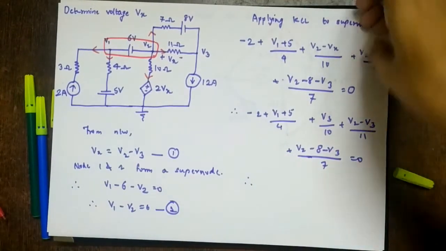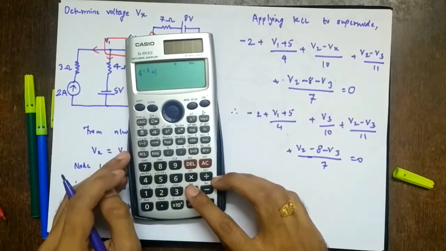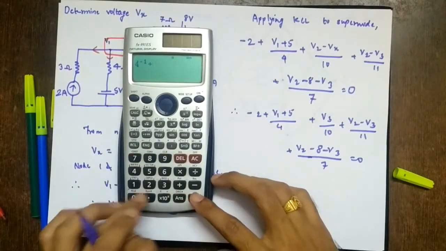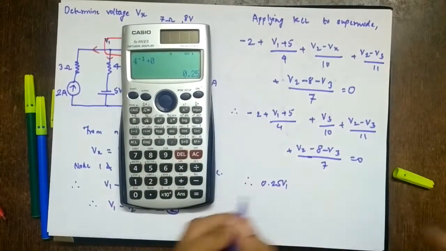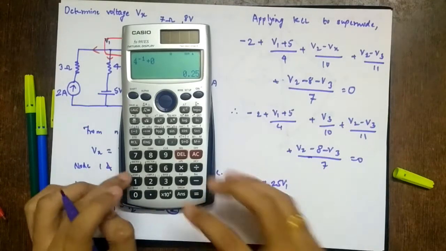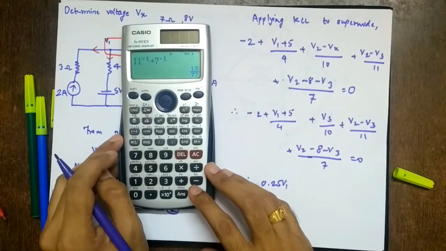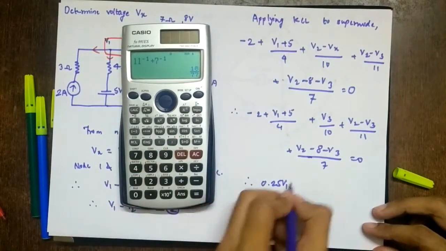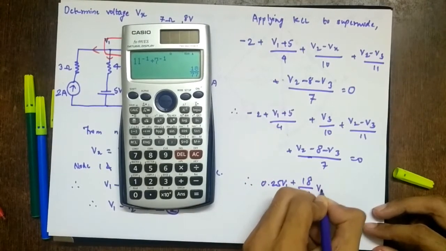So just substitute this. First collect the terms in V1. So what is it? 4 inverse, that's it, so it is 0.25 V1. Then V2: 11 inverse plus 7 inverse. I'll keep it as a fraction to get the exact answer, plus 18 by 77 V2.